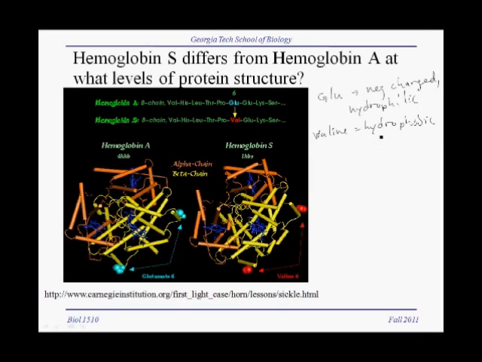amino acid. So look at where glutamic acid is in normal hemoglobin. It's way out here on the surface of the protein where it can interact with water molecules. Now that's not a good place for valine. Valine does not want to be out on the surface of the molecule. It does not like to interact with water molecules. So then what happens?